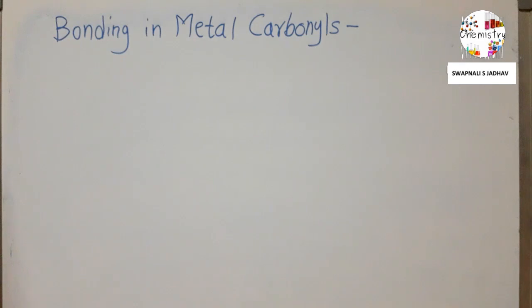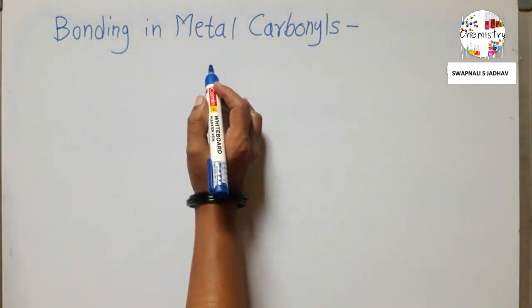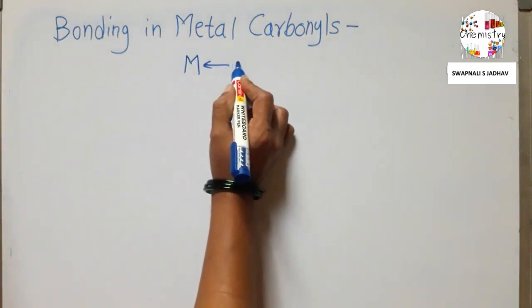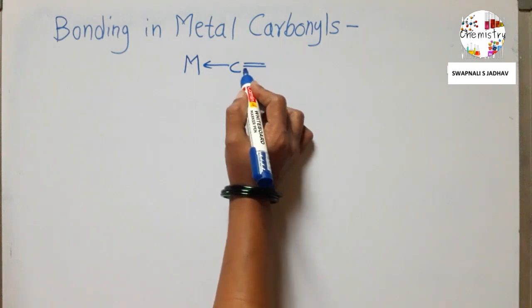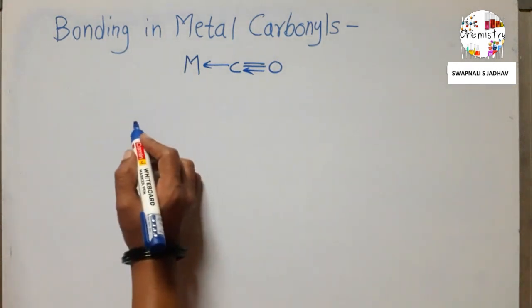Now we see the next point, bonding in metal carbonyls. The metal in mononuclear carbonyls generally exhibits zero oxidation state. In mononuclear carbonyls, the carbonyl group is linked with the metal atom through the carbon atom, as metal-carbon, known as terminal carbonyl group.